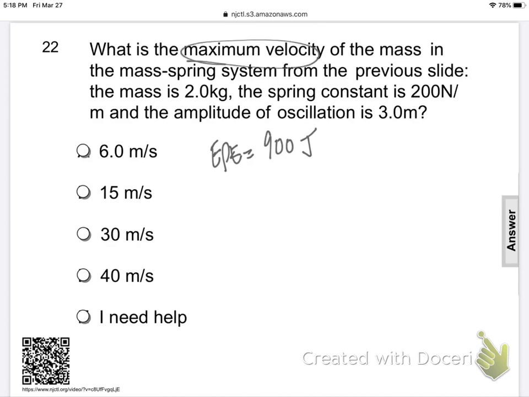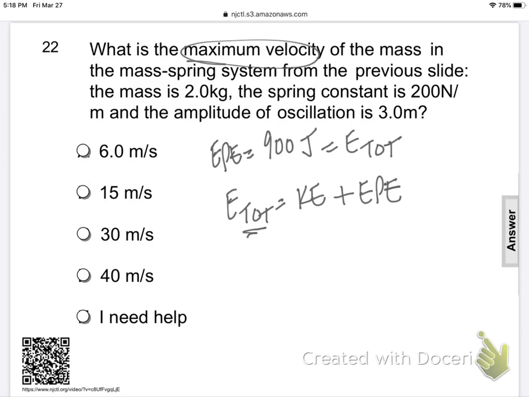So when it's 900 joules, the spring is completely stretched, and that's equaling the total energy of the system. So once again, E total is going to be equal to kinetic energy plus EPE. And now we said the total energy is 900 joules, and they want to know the maximum velocity.